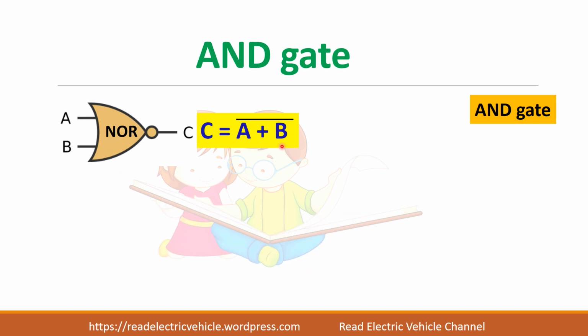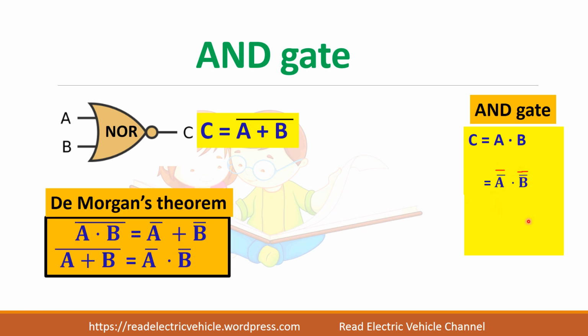Next you have the AND gate. For the AND gate we have C is equal to A dot B, but what we need is a plus symbol as well as a bar. So we can put double inversion on both the variables and apply De Morgan's theorem.